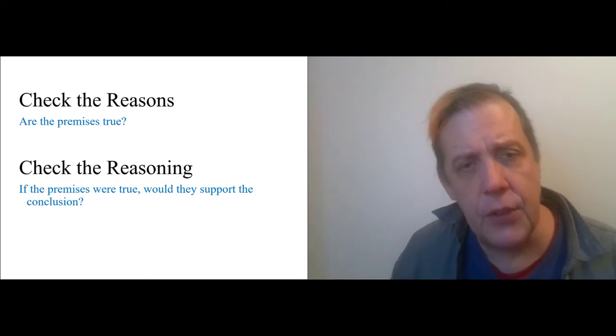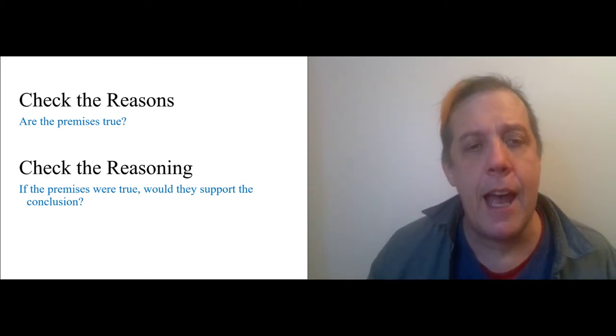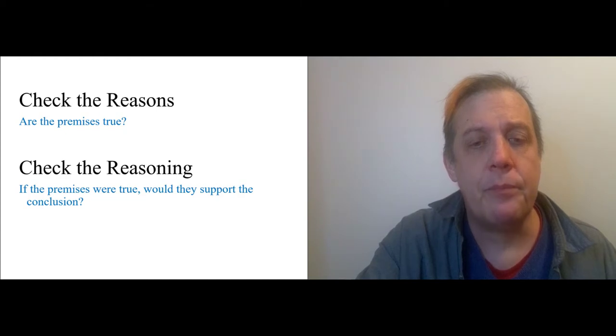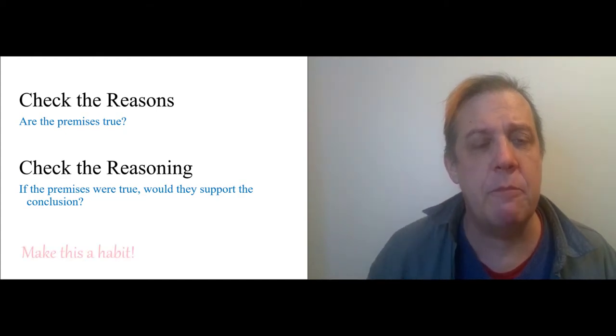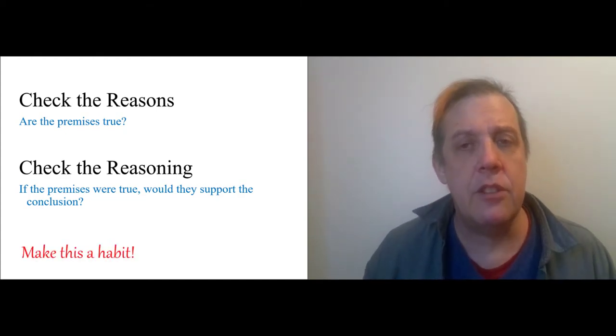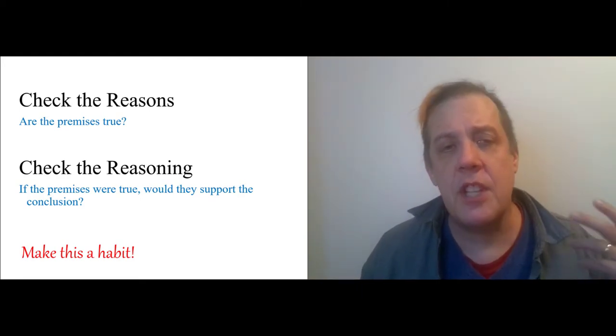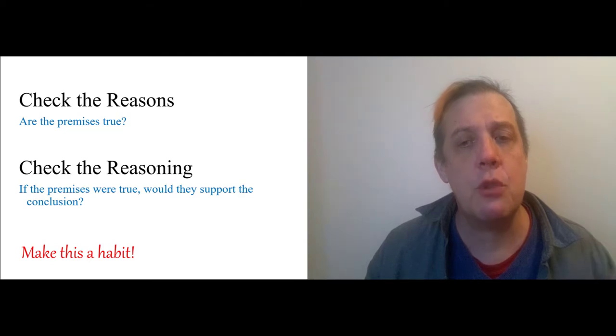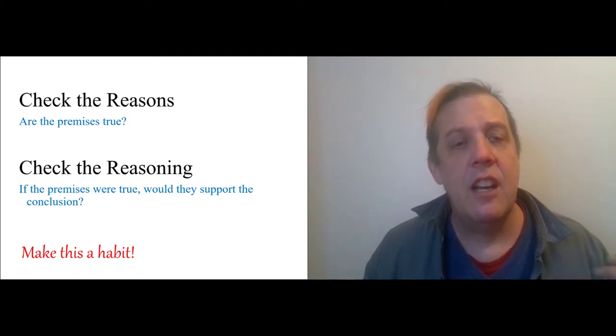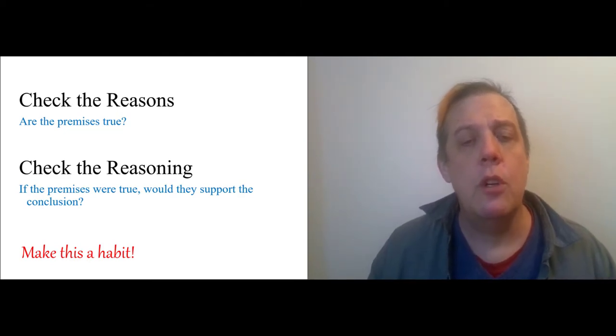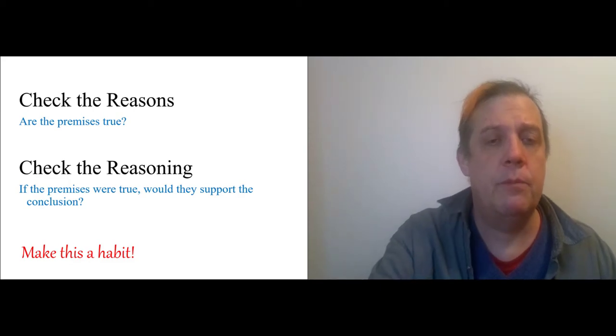So this is a thing that you need to make a habit. It's just a basic element of being a critical thinker, to always do these two things. Always ask yourself, are the premises true? And if the premises were true, would they support the conclusion?